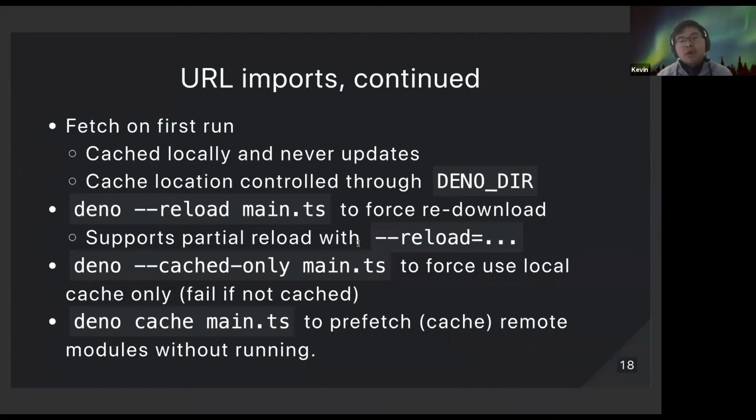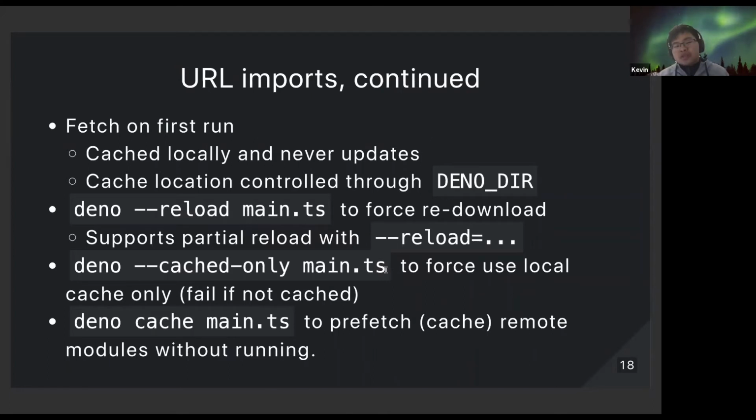It also supports partial reload. For example, if you just want to reload modules hosted under certain hosts or certain paths, you can provide the URL prefix you want to reload.